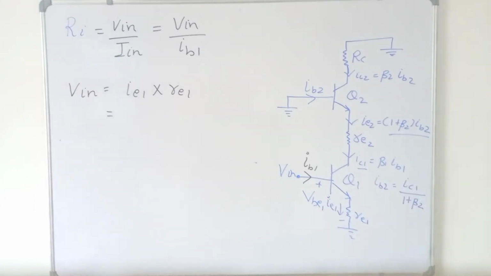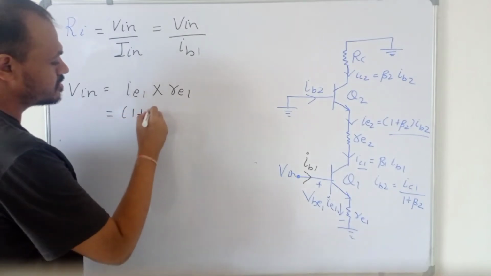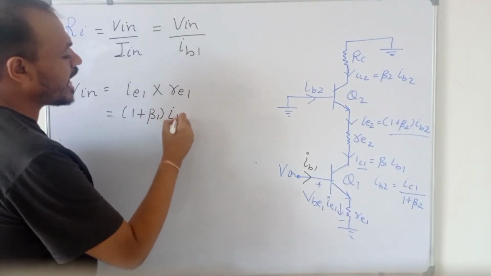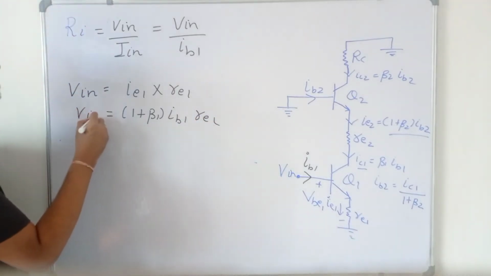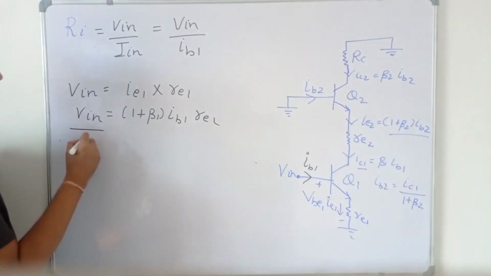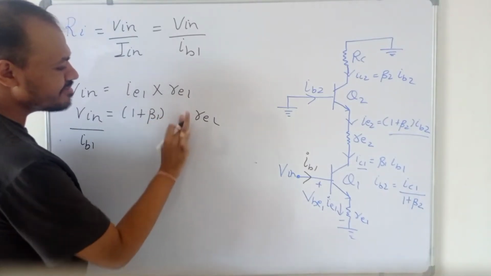This is equal to 1 plus beta 1 into IB1 into RE1. This is Vin. So Vin upon IB1 is equal to 1 plus beta 1 into RE1.